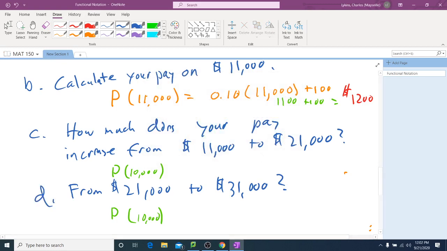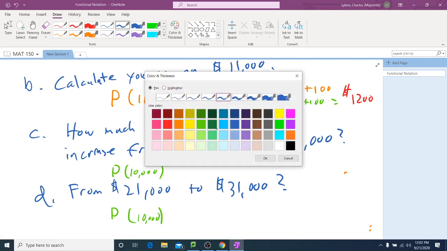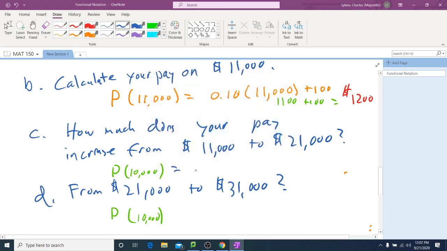So what you need to do is go ahead and put this back into our original equation. And we're going to say, okay, 0.10 times 10,000 plus 100. And it's the same thing on part D. So 10% or 0.10 times 10,000 gives me 1,000.